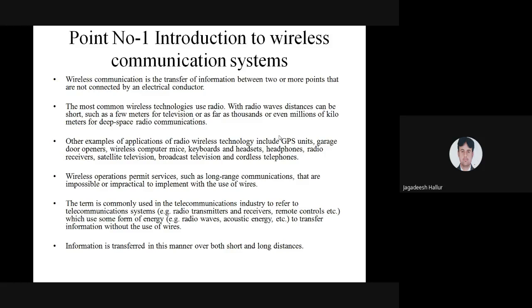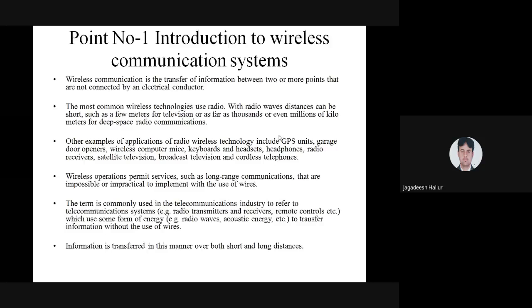Why are you using wireless technology? It is used for shorter distance and also longer and longer distance communication, whereas a wired connection is used for shorter distance communication. The main disadvantage of wired is that it takes a lot more time to connect from one end to the other end.